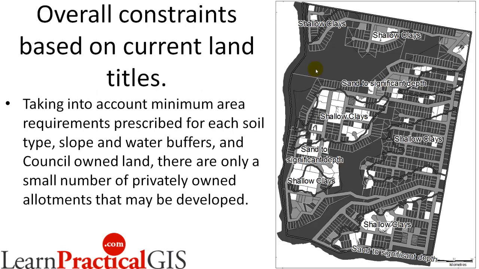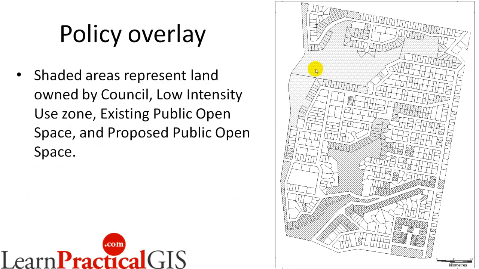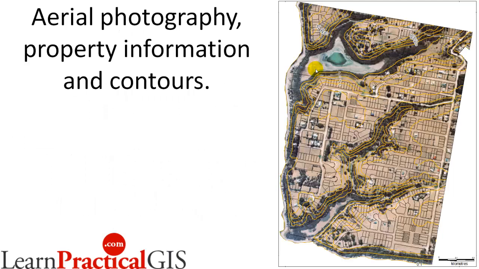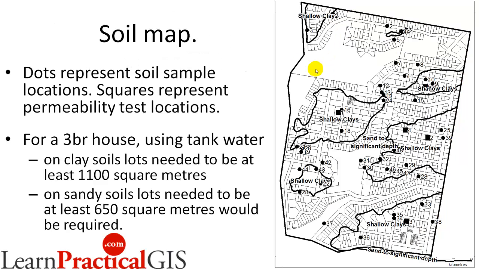We've looked at the policy overlay. So when I overlaid all the constraints, we're looking at the soil map and the areas associated with the soil types. The clay soils 1100 metres, the sandy soils 650 metres.